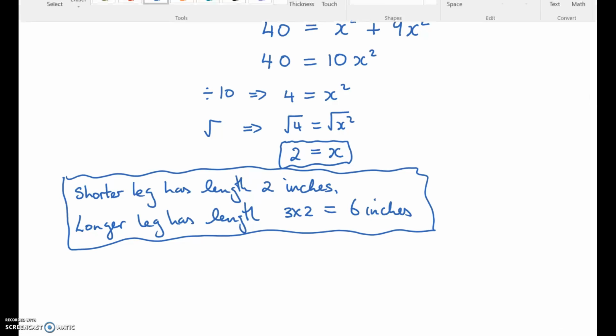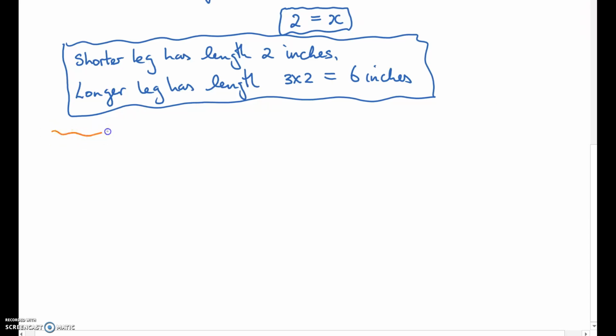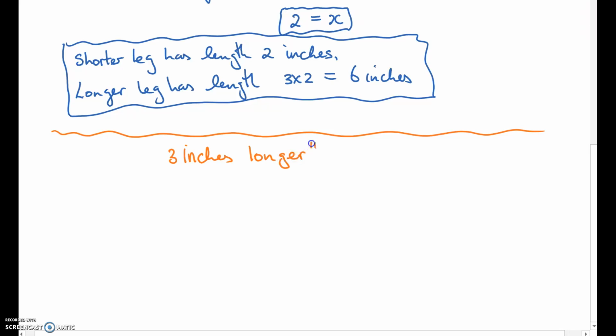Right, just before we conclude, if it had been 3 inches longer, if that had been the case, then the short leg would be x, the long leg would be 3 plus x, or x plus 3 is how we would normally write it.